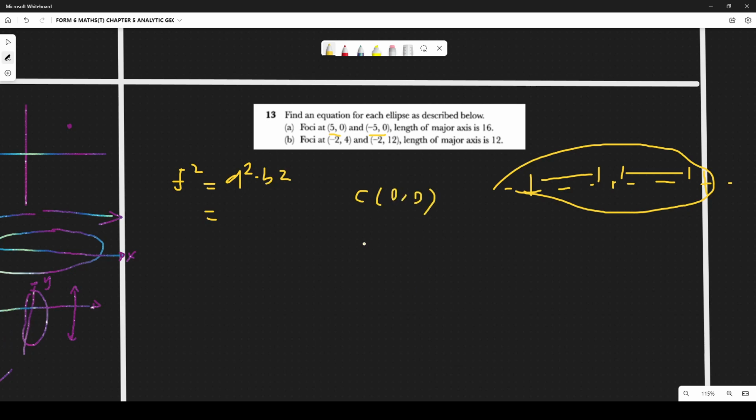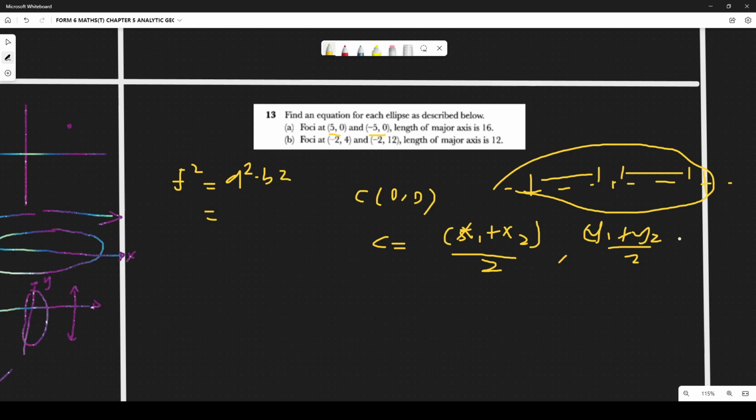But if you do want to show the working, let's say for a more complicated number, then I just want to show you this. You just do x1 plus x2 divided by 2, and y1 plus y2 divided by 2.